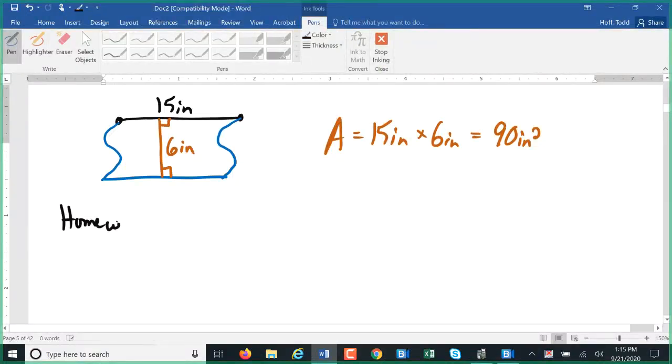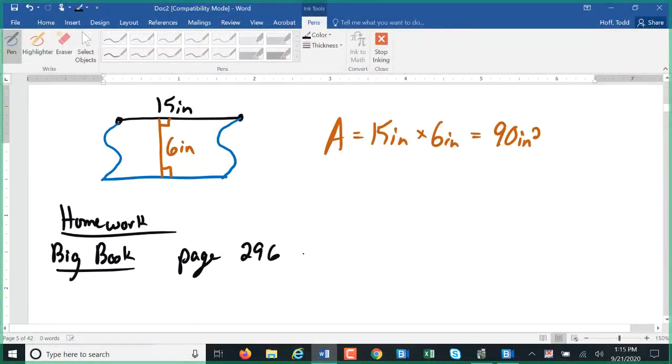So we're coming to the end of our first hour here. I'm going to give you a few minutes to get started on homework. This is out of the big book. Page 296, exercise 8-5, 7 through 29, the odd.